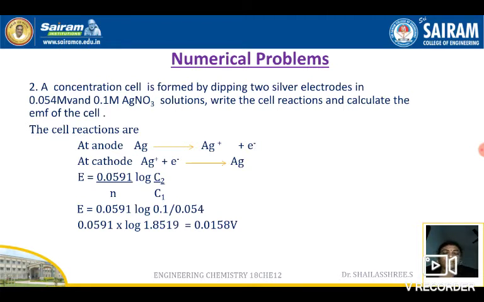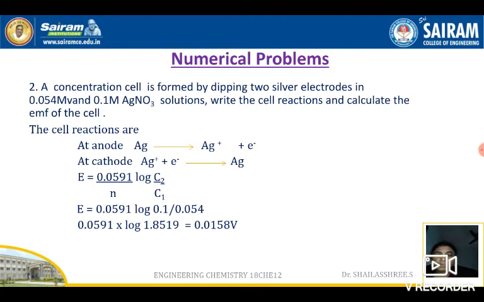So you can write only Ag gives Ag+ plus electron. You cannot write Ag2+. If you want to write Ag2+, you have to write 2 moles of Ag here: 2 Ag gives Ag2 2+. That will be correct. So Ag gives Ag+ plus electron at the anode, and at the cathode, silver ions accept the electron to become silver.